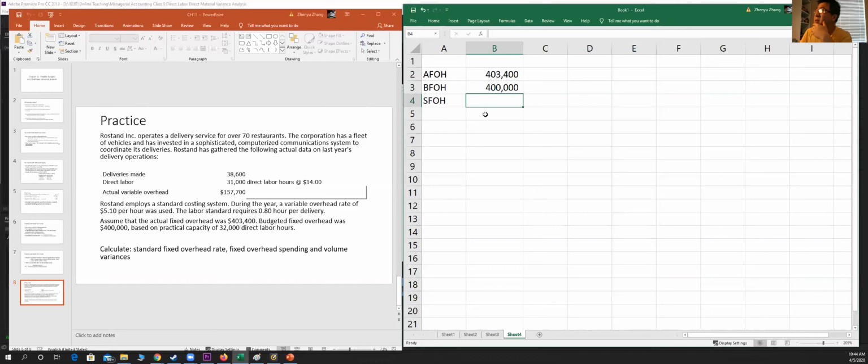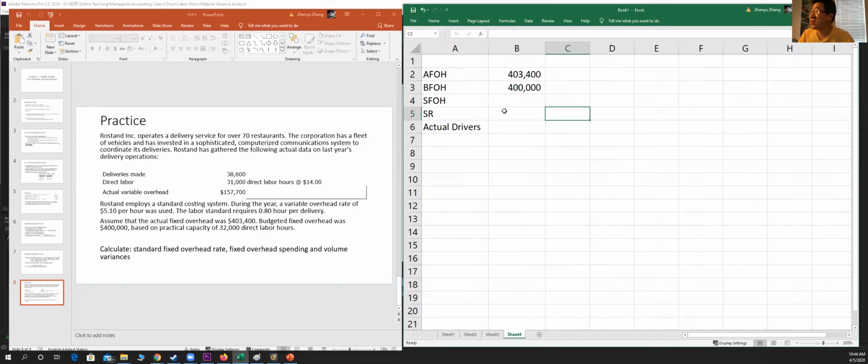And how do we determine standard fixed overhead? We need two things, right? We need a standard rate and actual drivers. Actual drivers, number of drivers, okay? Not the car drivers.